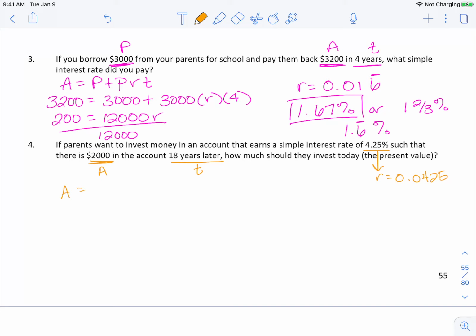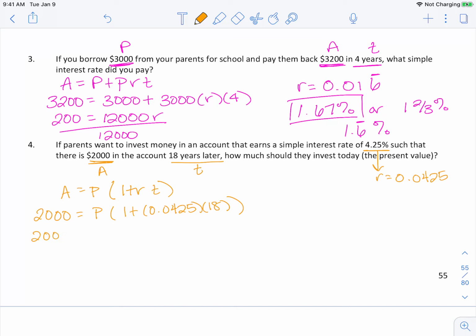So A is equal to, I'm going to use this formula, P times 1 plus RT, because we're solving for P, so it's easier to use the one where the P is already factored out. So we have 2,000 equals P times 1 plus 0.0425 times 18.